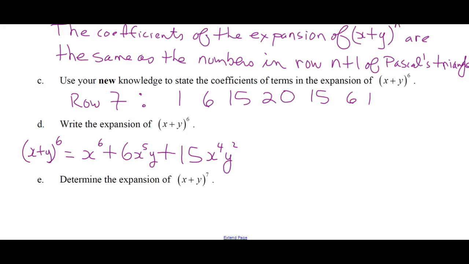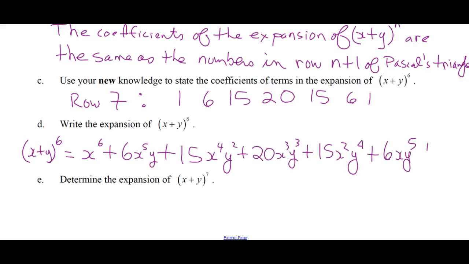Plus 20, then drop the x and increase the y, then 15, then 6, and then a 1, which I'm not going to write, and the x goes down to 0. So there you go. That's x plus y to the 6th.